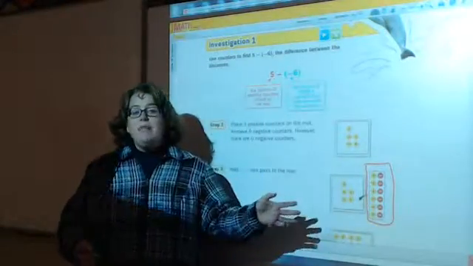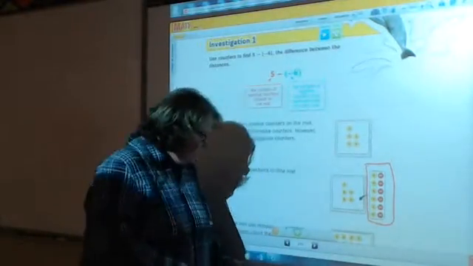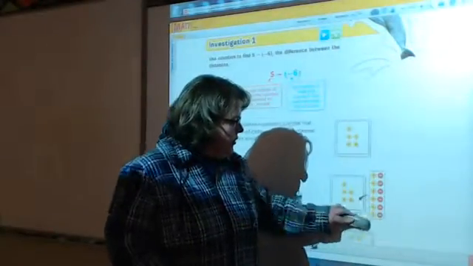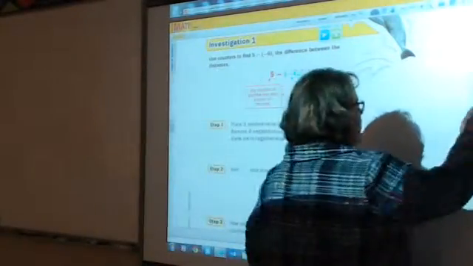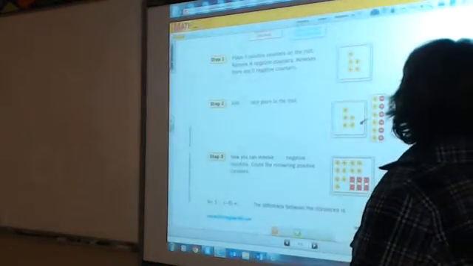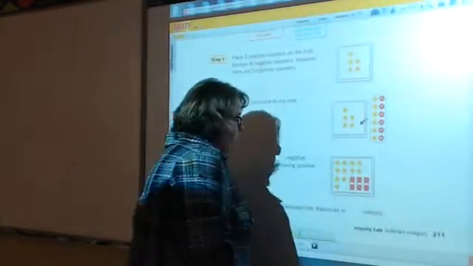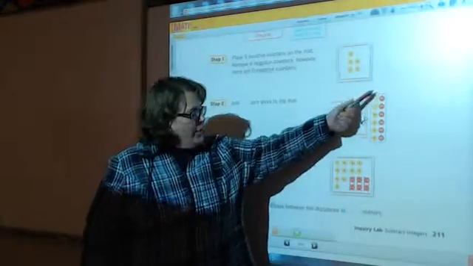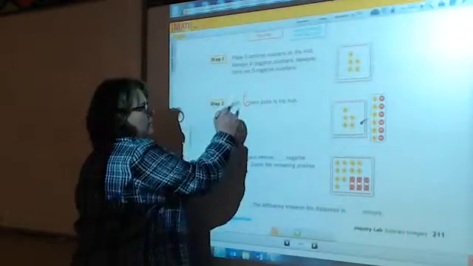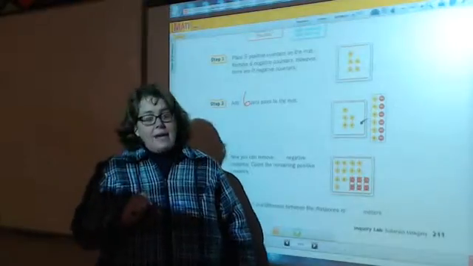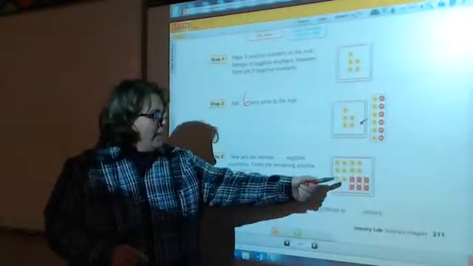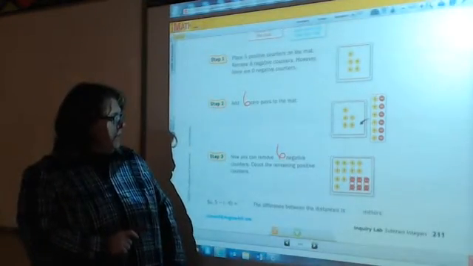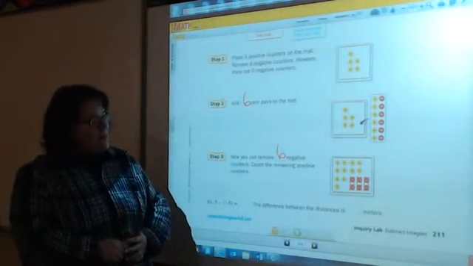Now, once you've done that, you can take away those negative values. So if you add 6 0 pairs, you then can take away your 6 negative counters, and the remaining are positive.